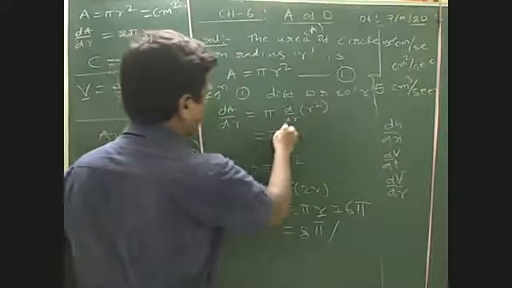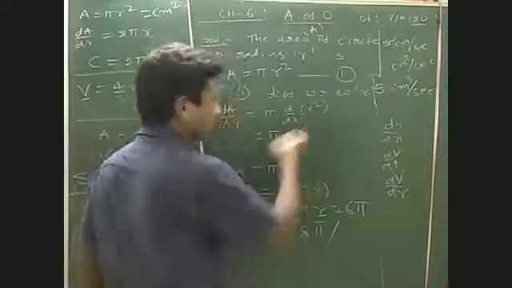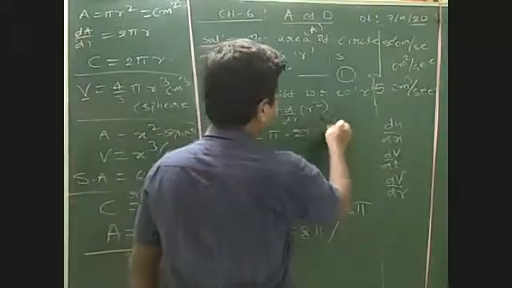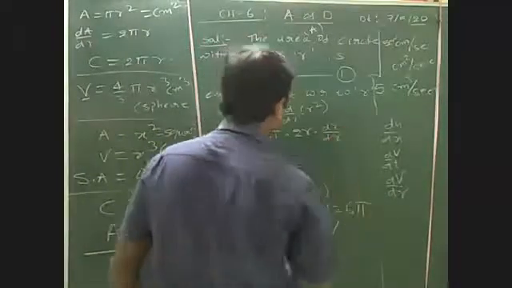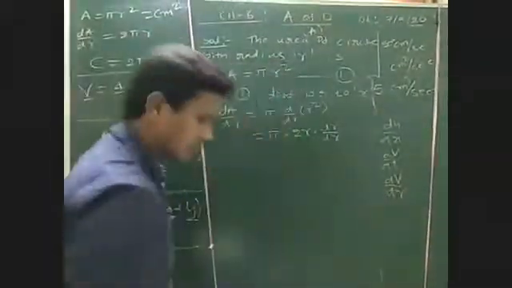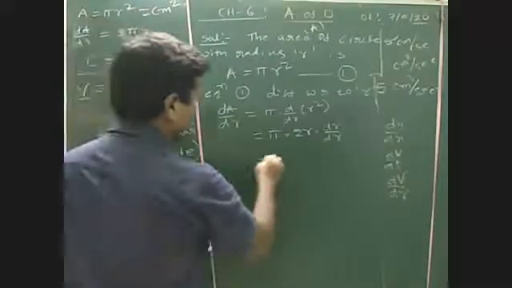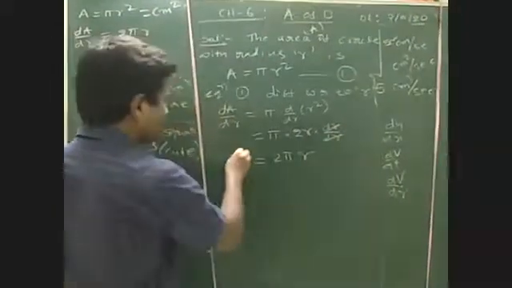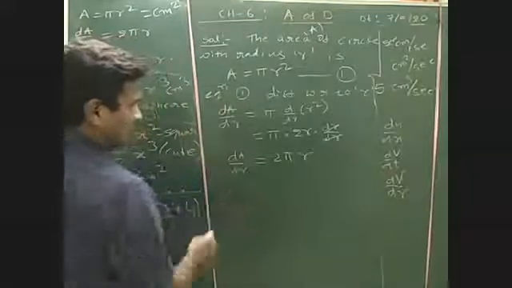So this is equal to pi into, using chain rule, r square gives 2r into dr by dr. Okay, so finally we get 2 pi r. This is dA by dr. Now let us take this as equation 2, first subdivision.